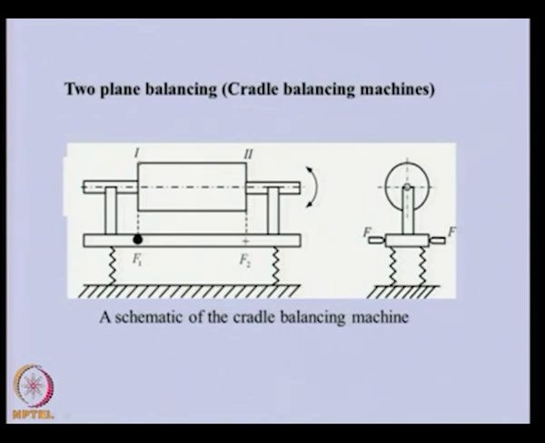So, these are the balancing planes 1 and 2 for this rotor, and just below that we have provision to fulcrum this whole frame at this point or this point. If we are fulcruming at this point, you can see that we will be having motion.